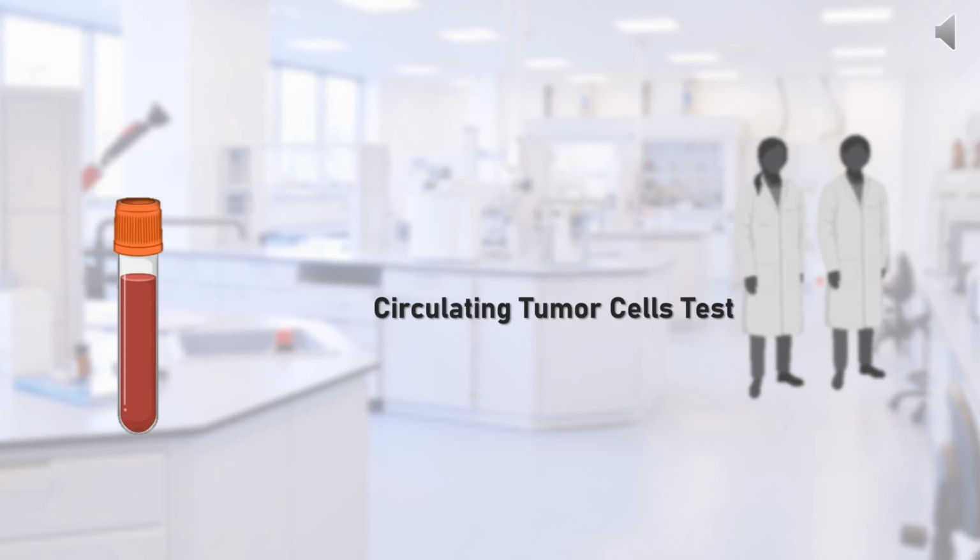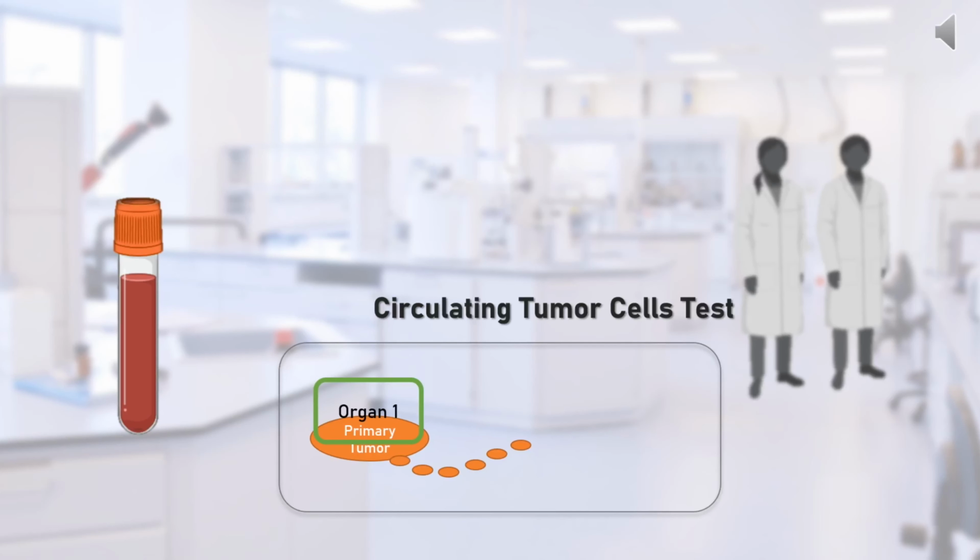Another cancer-related test that uses blood is the circulating tumor cell test. This test detects the cells that have detached from the primary tumor and swim in the blood, potentially to reach any other target organ where they can attach and form a secondary tumor by a process called metastasis.